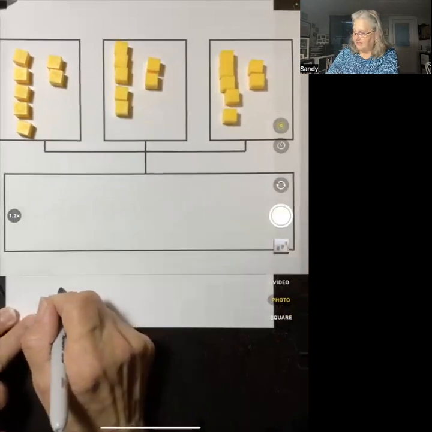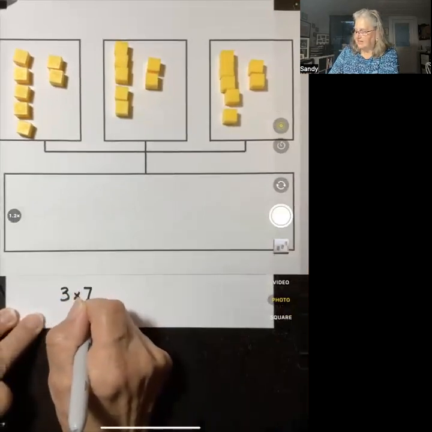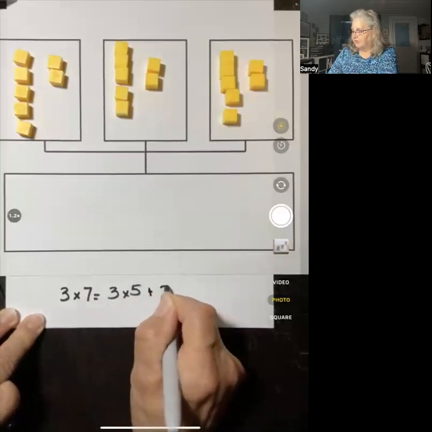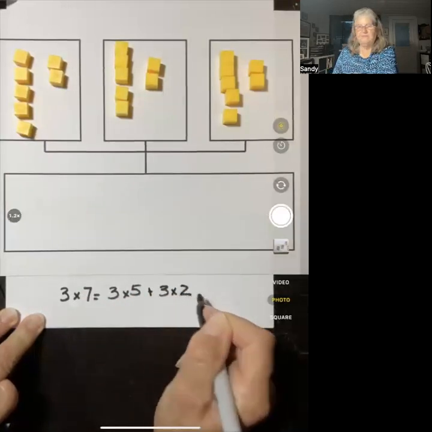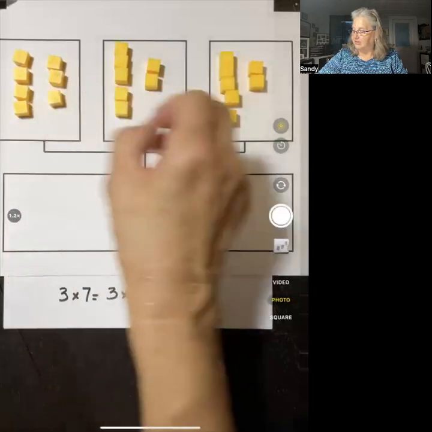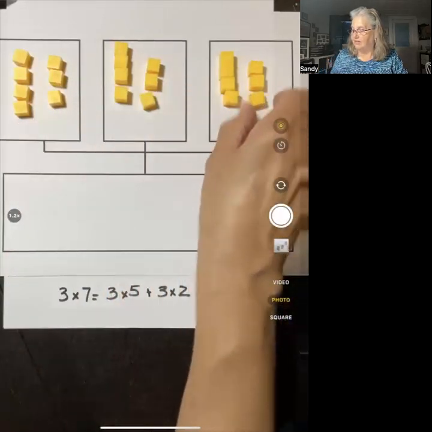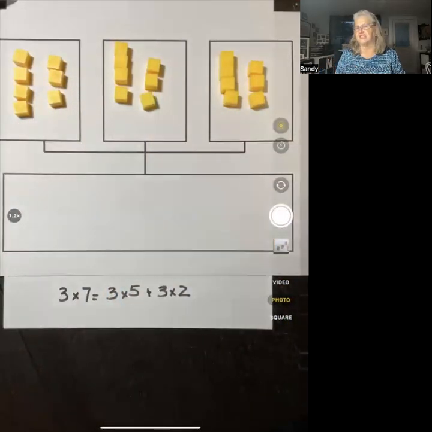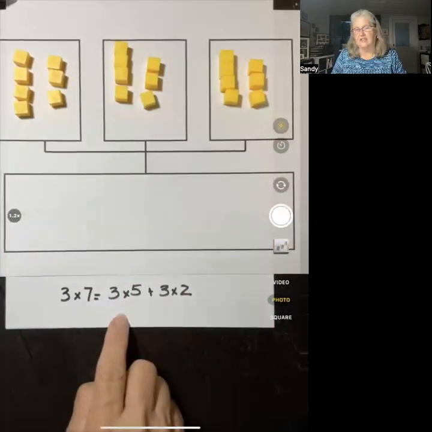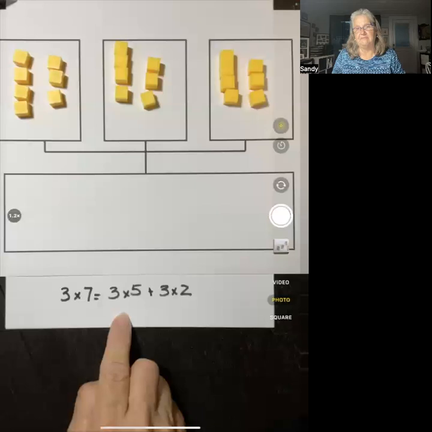Well, 3 7s is the same as 3 5s put together with 3 2s.